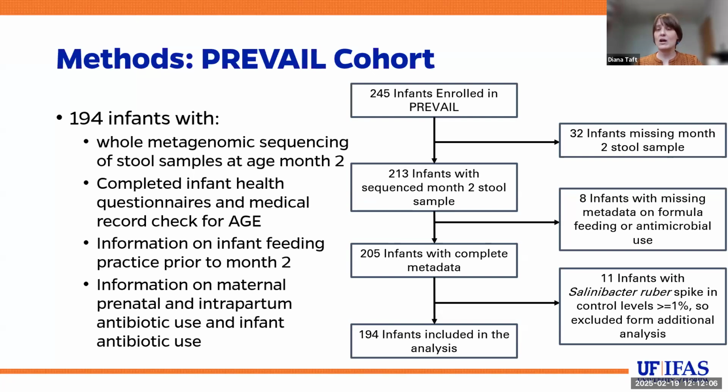We had information on what they were being fed at 2 months and information on maternal and prenatal intrapartum antibiotic use and on infant antibiotic use. So we had, for 194 infants, lots of the data we needed to answer this question.